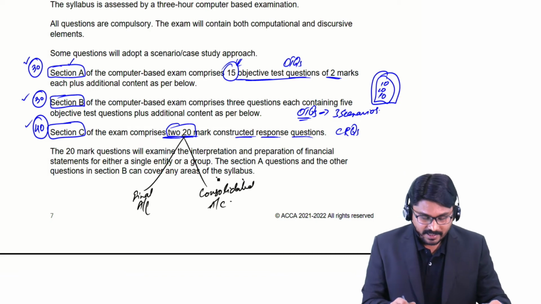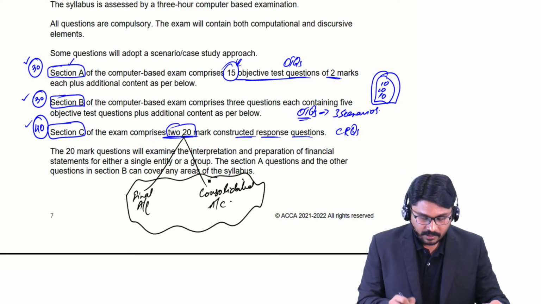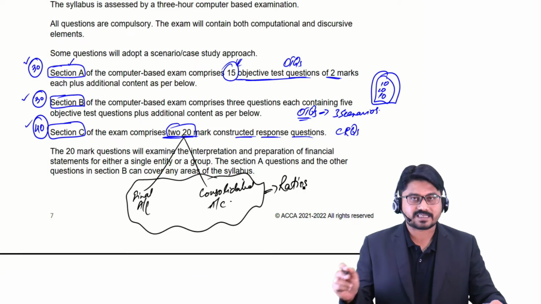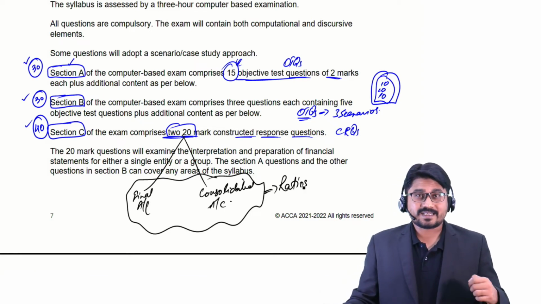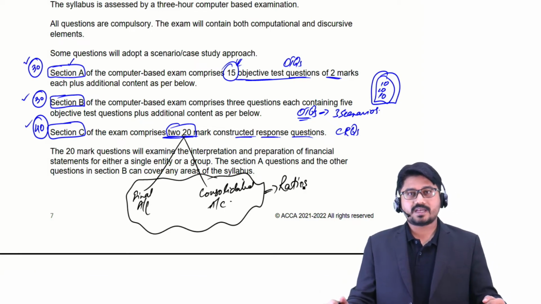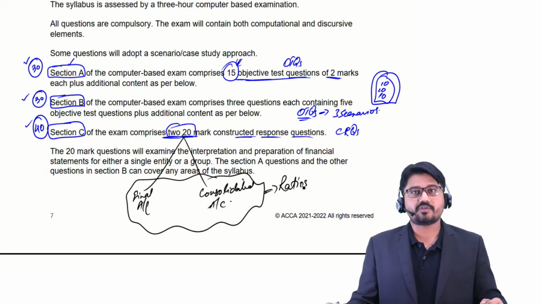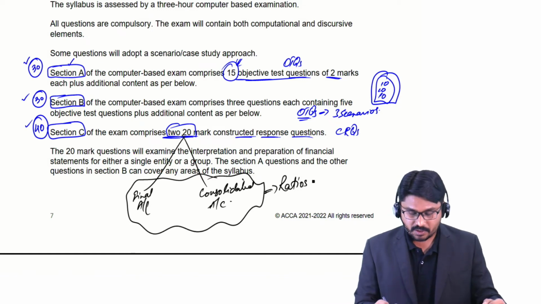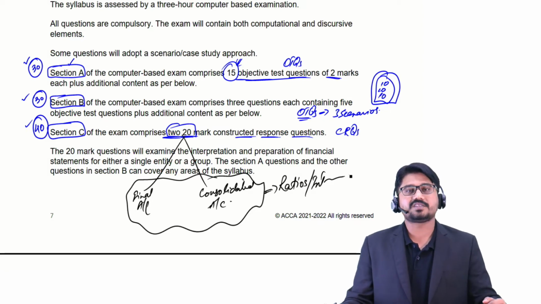But importantly, with these two, ratios are always tested. I repeat, let's say there is a final accounts question or a consolidation question in your exam, but with that you would be finding the requirement about ratios and interpretation of the financial statements.